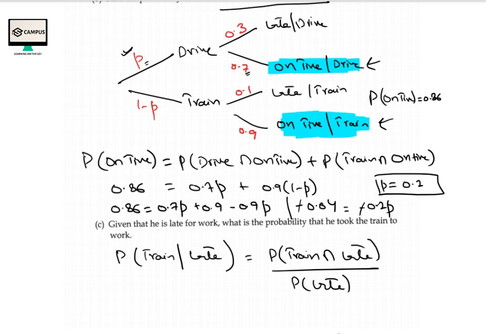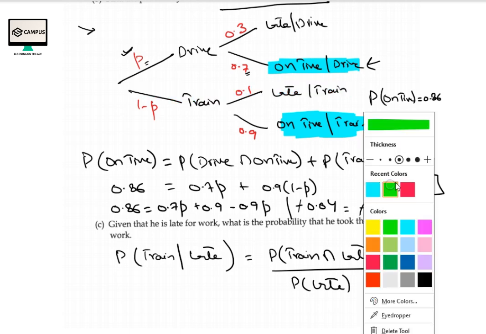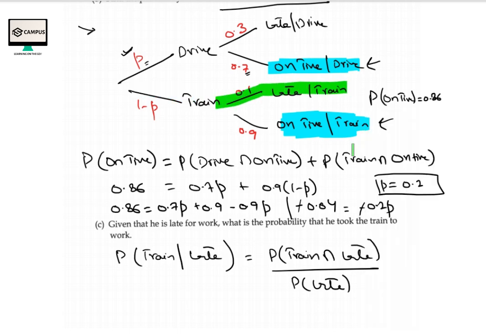As far as the numerator is concerned, if we go back to our tree diagram here, the probability of train intersection late is this branch over here, right? In fact, let me choose a different color so we can distinguish it. This is this branch over here. So this is basically the case when Chen takes a train and is late for work.